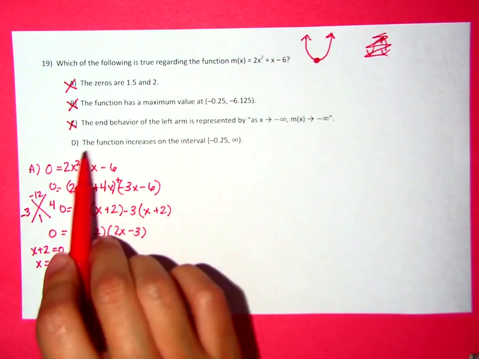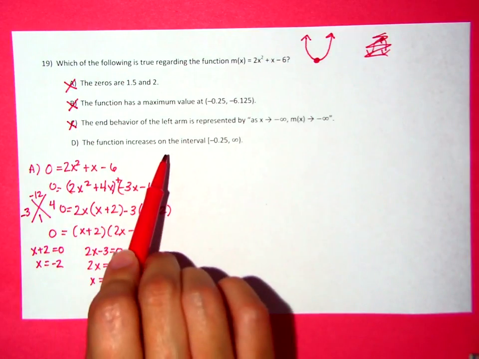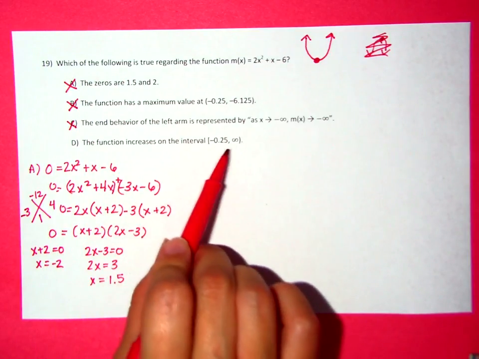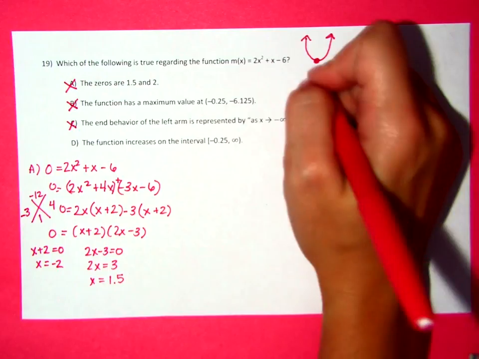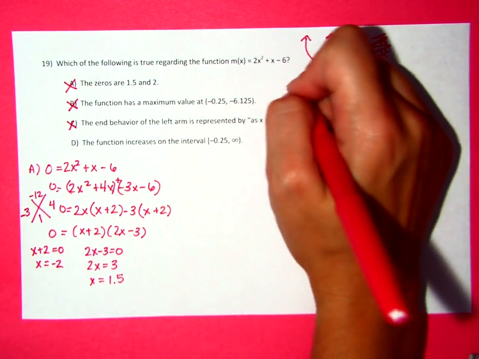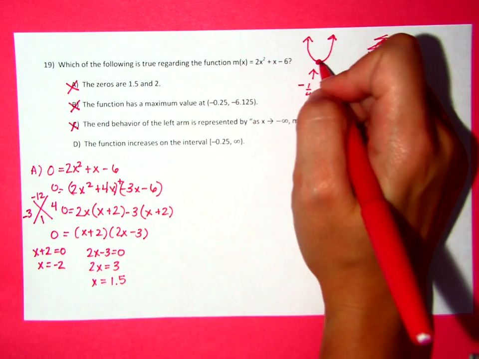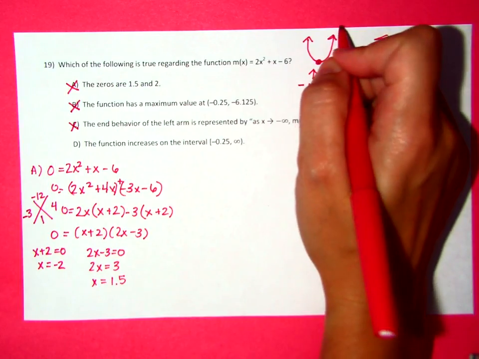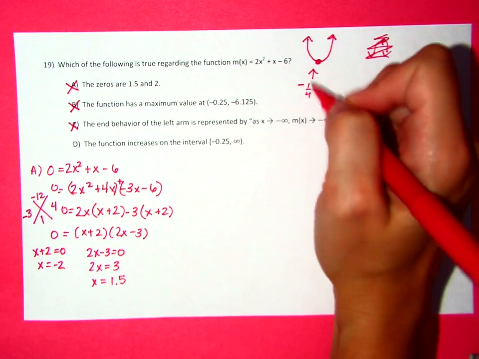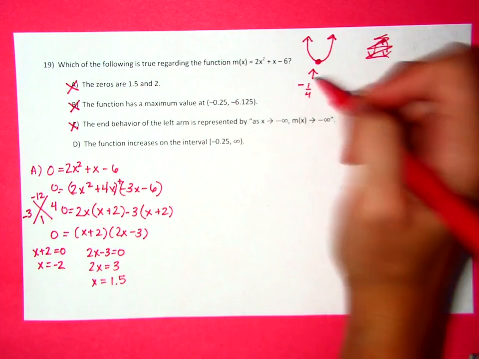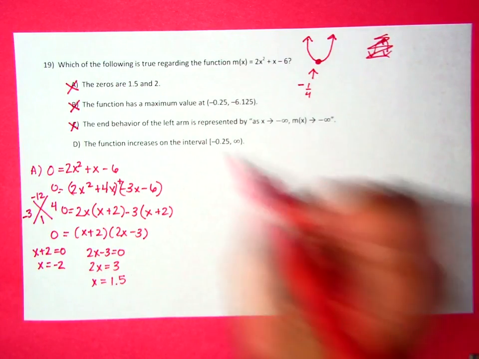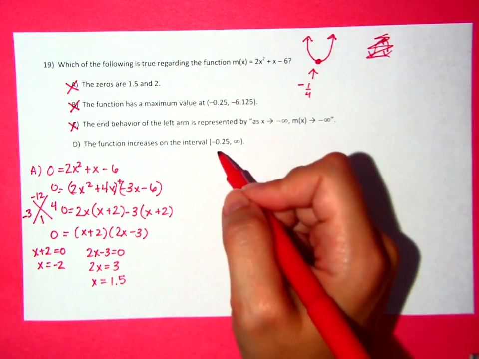It says that the function increases on the interval of negative 0.25 to positive infinity. So that's suggesting that right here at this value, this is going to be negative 1/4, okay? And then forever on to the right, it's going to be increasing. That could potentially be true as long as this is negative 1/4. So if you want to double check it, we need to know what the x value of the vertex is.